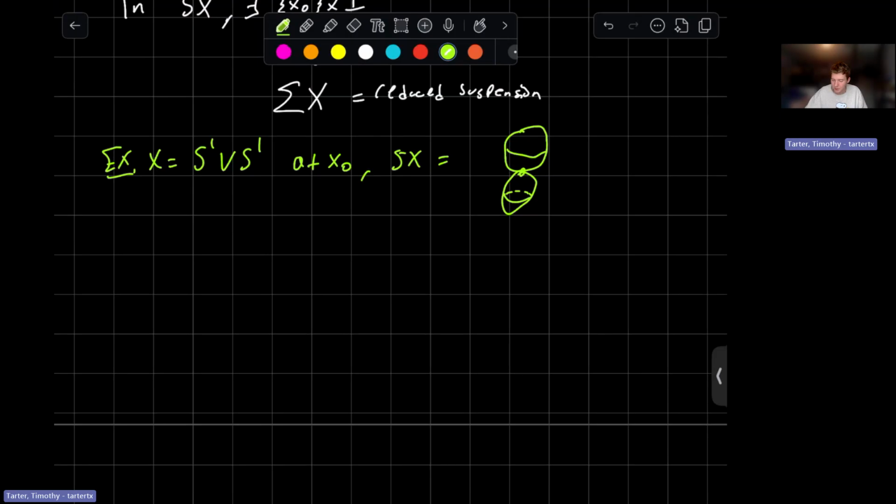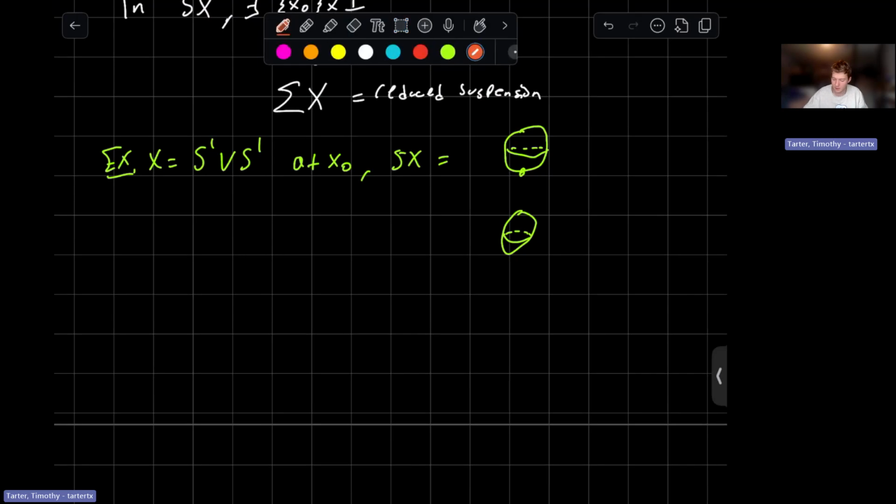I should know this at this point. It's two spheres joined at a point x naught, and so then the line segment is the union of two spheres intersecting along the arc. Oh, it's not. This is the reduced suspension that I just drew.